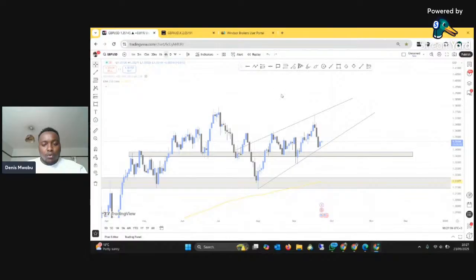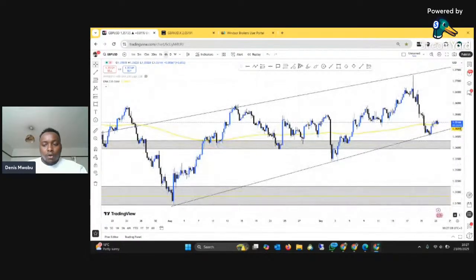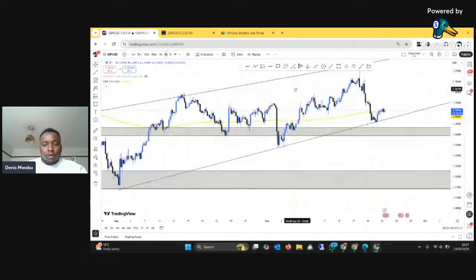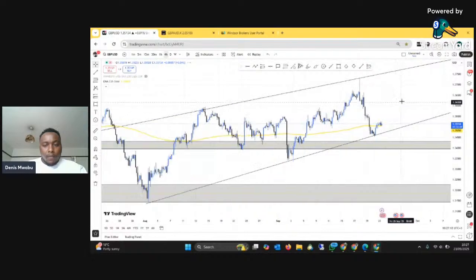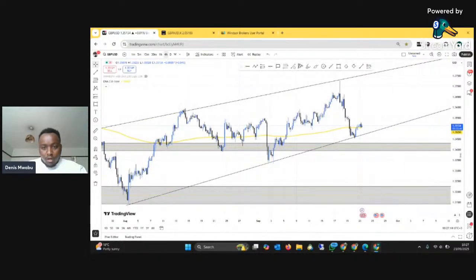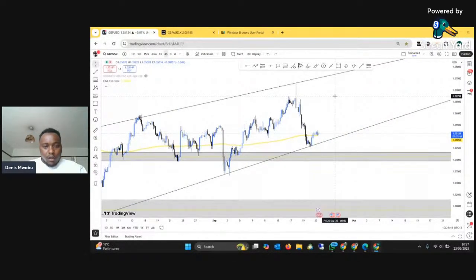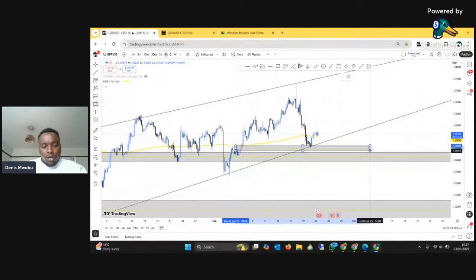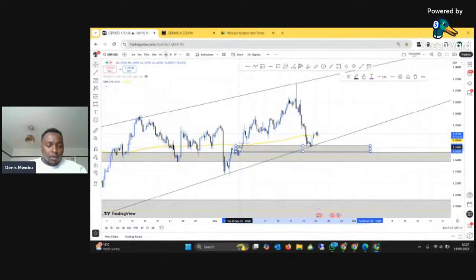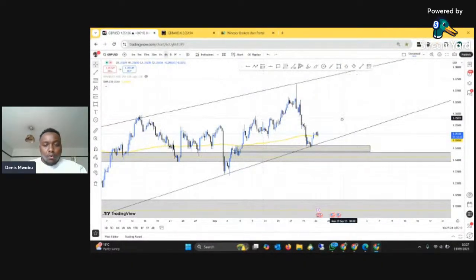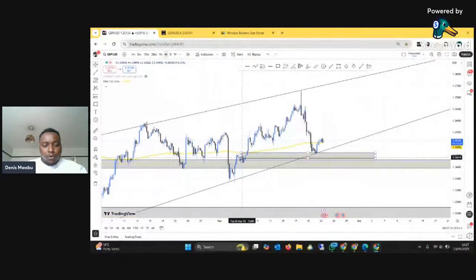So we go to the 4 hours time frame. On the 4 hours time frame, now I can understand why our system is giving us a buy. For those people who like using supply and demand, you can see here there's a fair value gap zone.